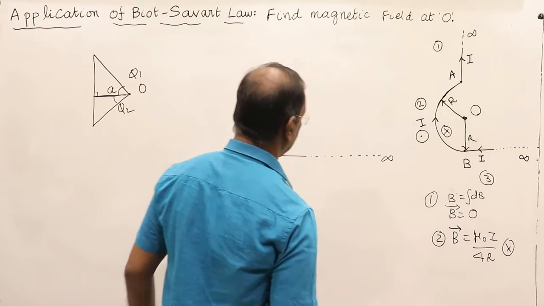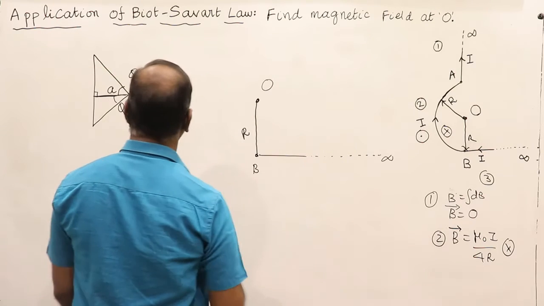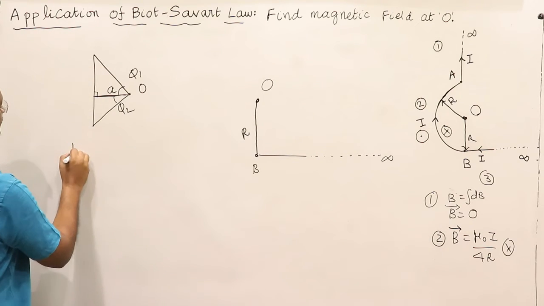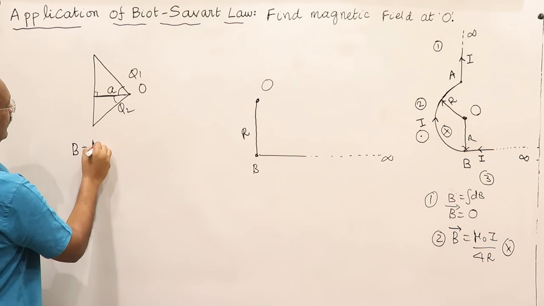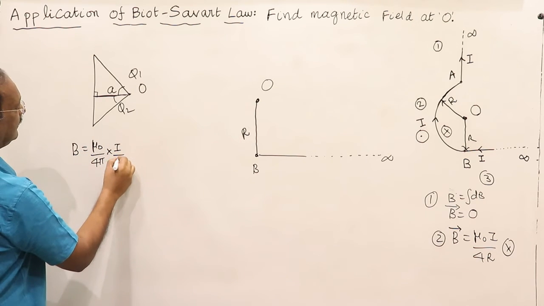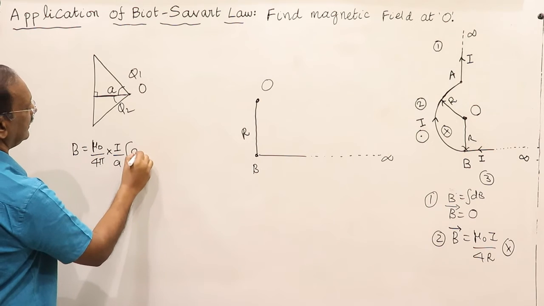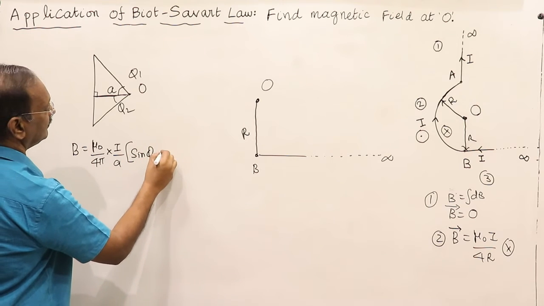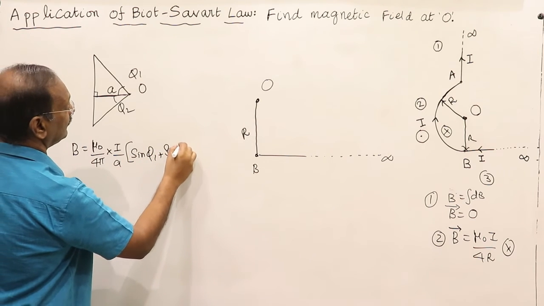So we can write A here. In this equation, the magnetic field is equal to mu naught by 4 pi into I divided by A into sine of phi 1 plus sine of phi 2.